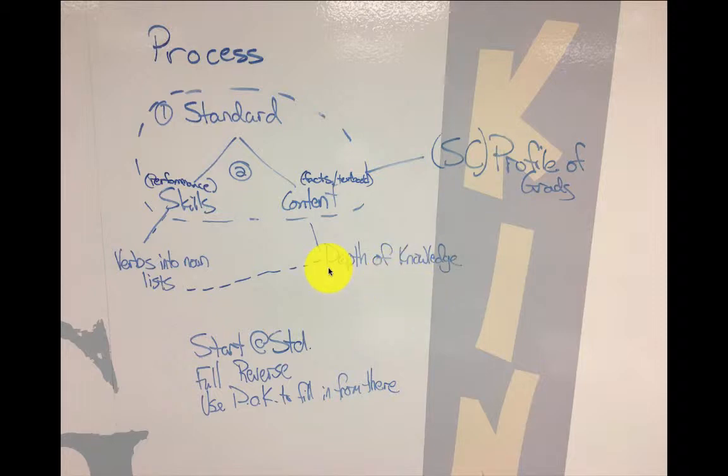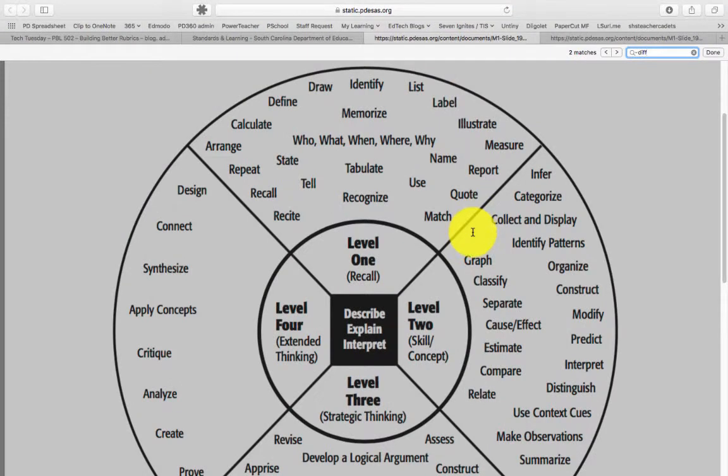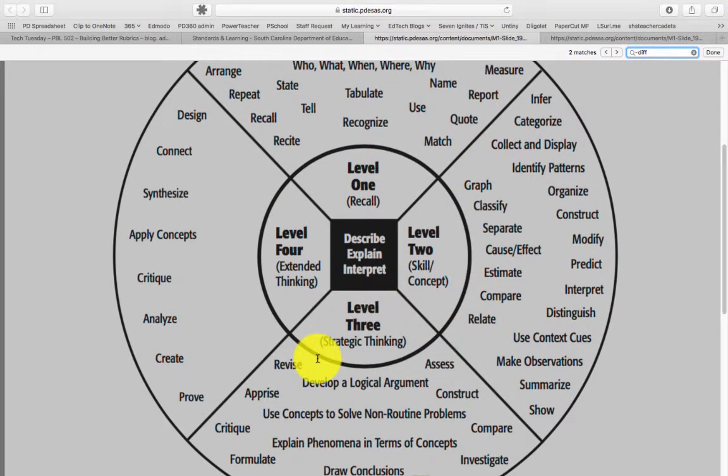And we can also consider as a strategy for making the standard easier, looking at the depth of knowledge level in charts like this, deciding where the standard is written, and then reversing our rubric to engineer it so that students progress up to that level toward mastery.